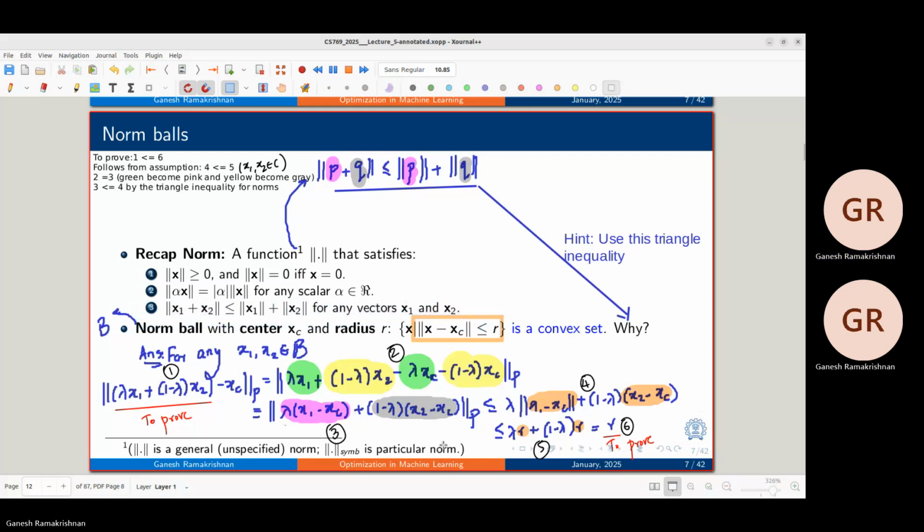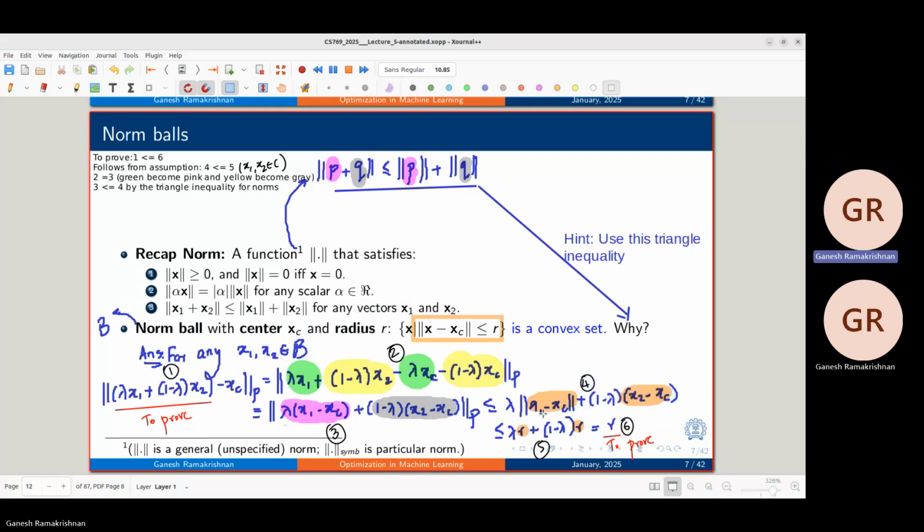And when I consider the norm of the pink part, I can again apply that norm of alpha x is absolute value of alpha times norm of x. That's what I've done here: lambda times norm of x1 minus xc. Likewise, the gray part is also expanded as 1 minus lambda times norm of x2 minus xc, of course with an inequality.